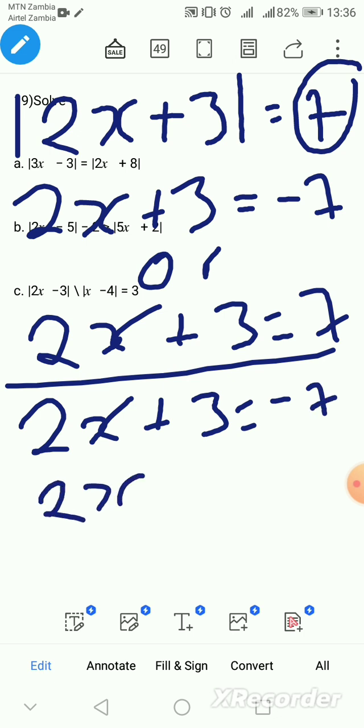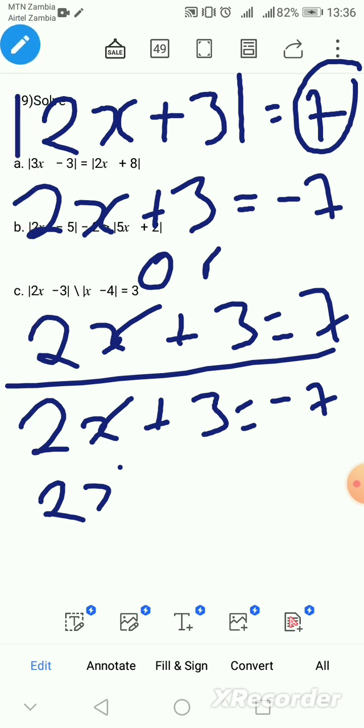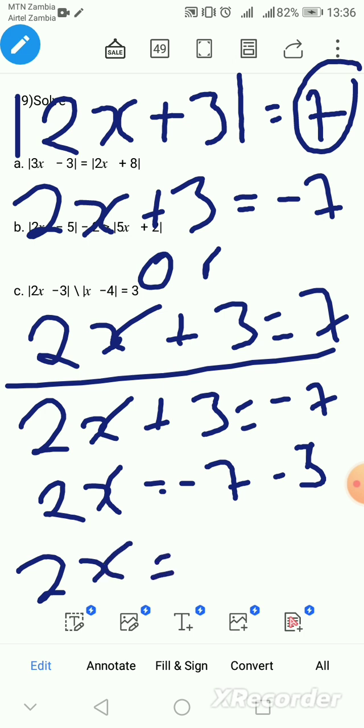So 2x will be equal to negative 7 minus 3. So 2x will be equal to minus 10.